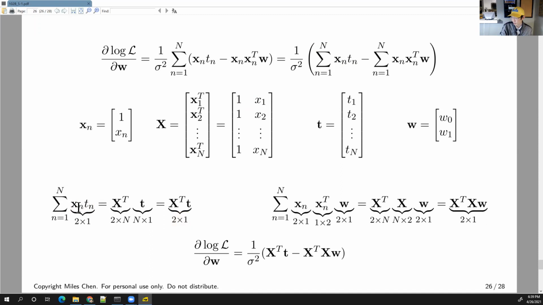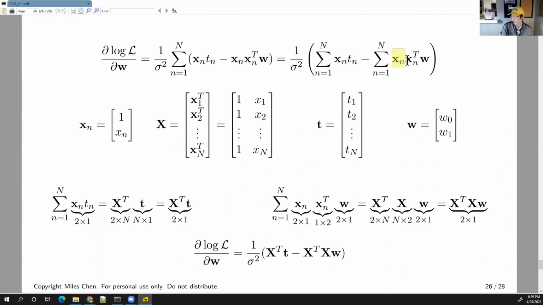If I go from each individual xn to big X for all n terms, we're going to have big X transpose, which is 2 by n, and t, which is an n by 1 vector. The result, X transpose t, will remain 2 by 1. Going from the summation of xn tn can be done by calling this X transpose t.